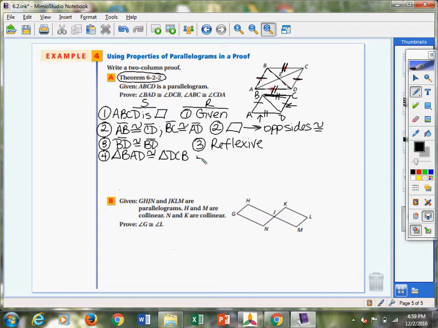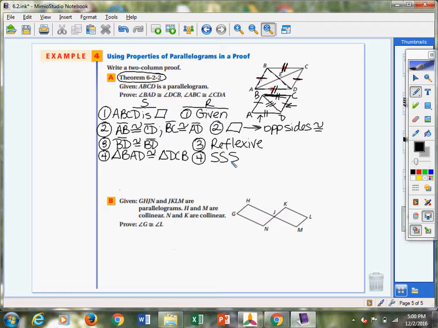And do you remember why? Because you know that you've got 3 sides in one triangle congruent to 3 sides in another triangle. That's side, side, side. So that's what we were building up to using steps 2 and 3, was to show all the sides are congruent.